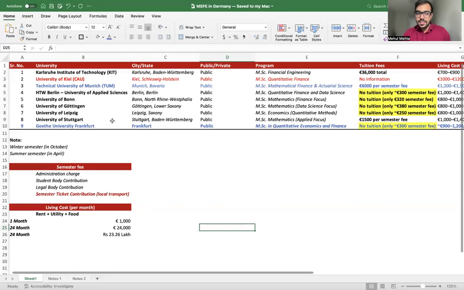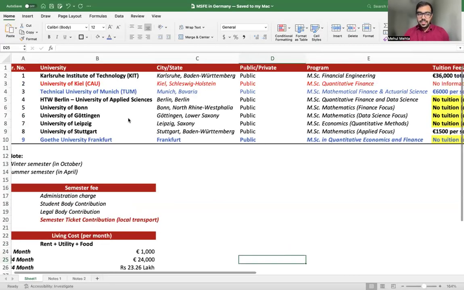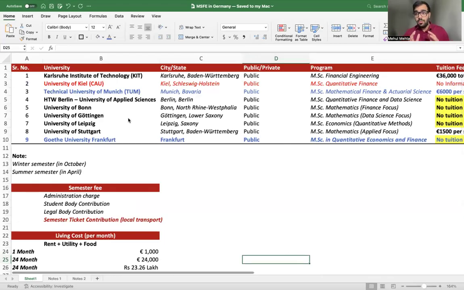So let me start sharing the Excel spreadsheet which I've created. I hope you all can see this spreadsheet. Okay, so what is there? Let me give you a quick walkthrough about what this spreadsheet is all about. This spreadsheet contains the name of the university, and as I said, this is just for Germany.